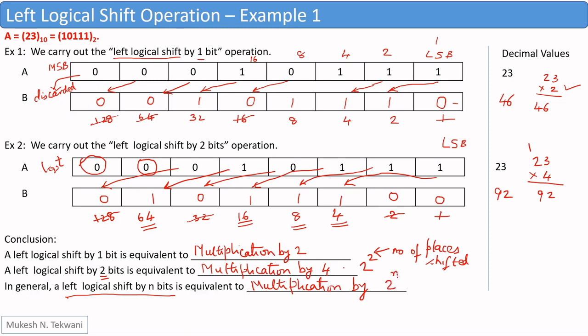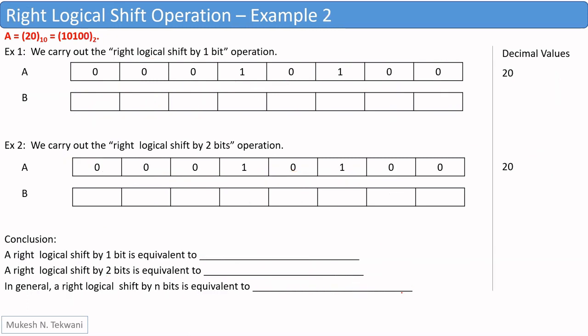So a left logical shift operation is basically a multiplication by 2 operation for every bit that we shift to the left. Let us now see the right logical shift operation.